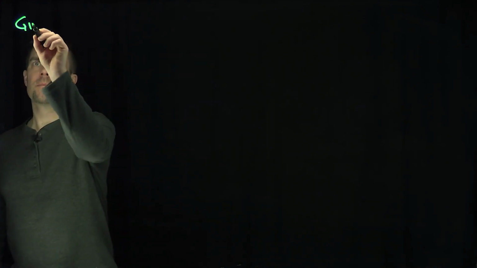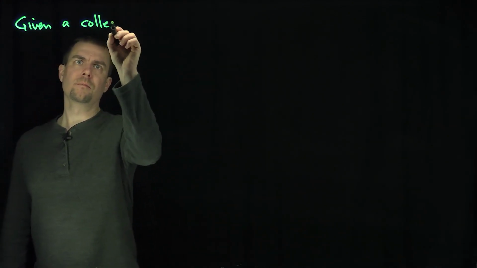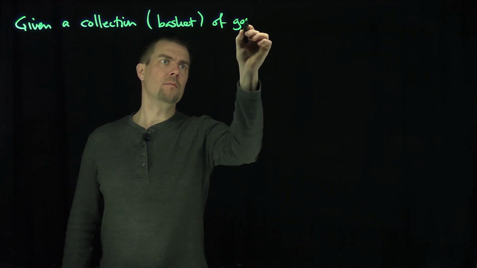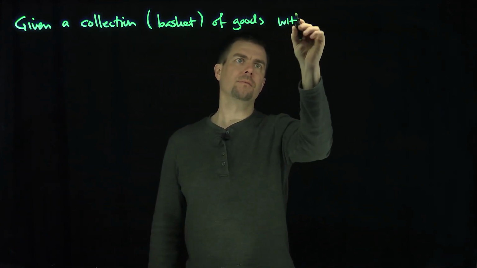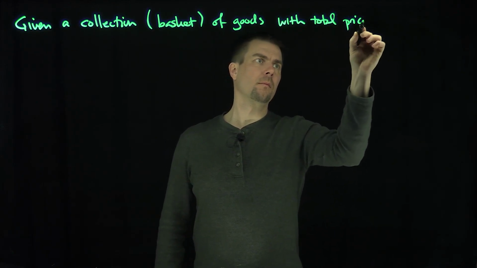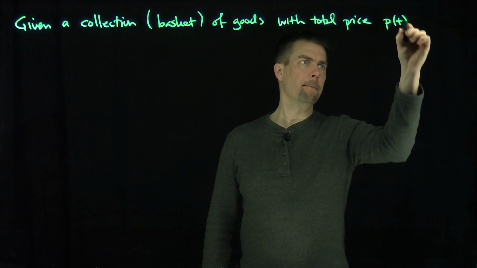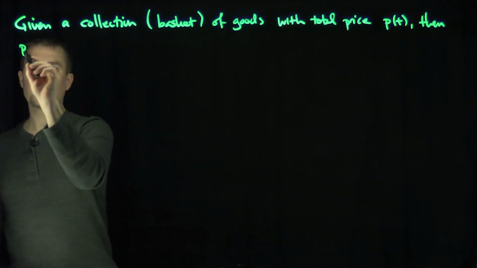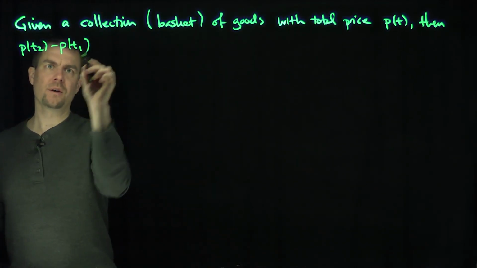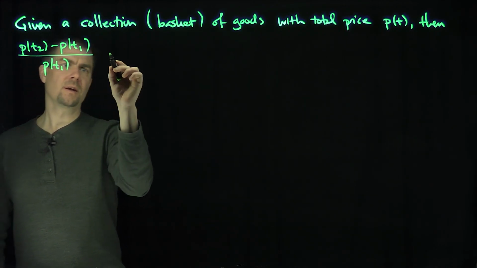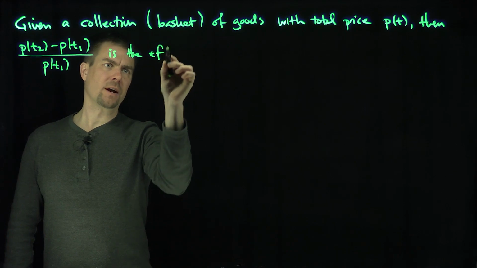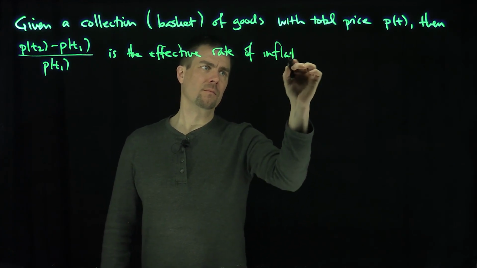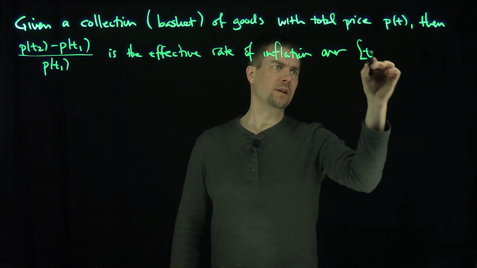So if I'm given a collection, or in the parlance of economics, a basket of goods with total price P of T, where T stands for time, that's the price at time T. Then P of T2 minus P of T1 over P of T1 is the effective rate of inflation over the interval T1 to T2.